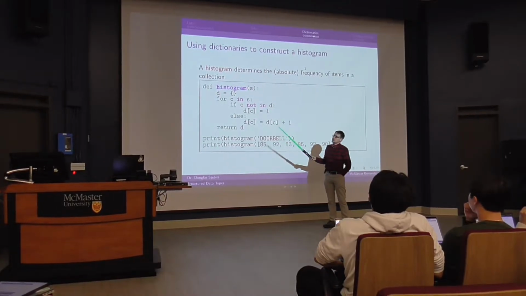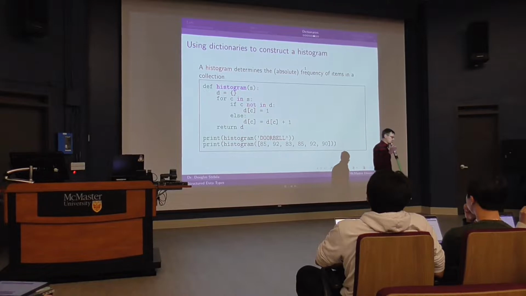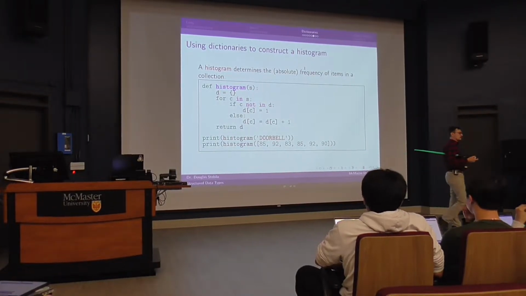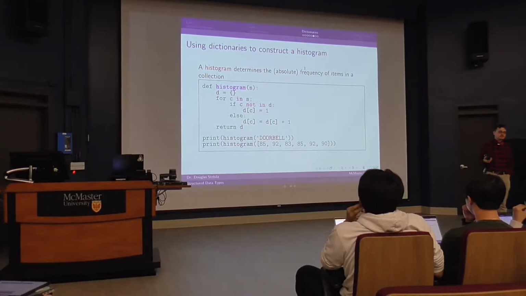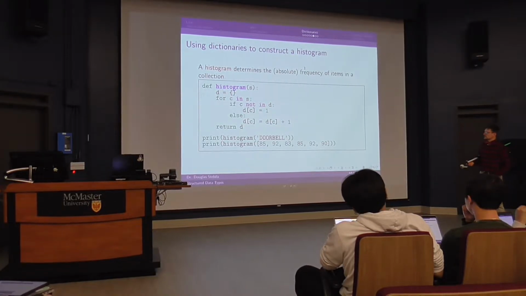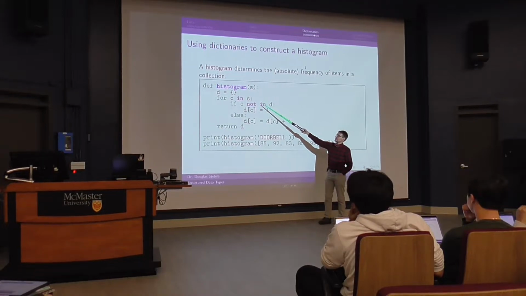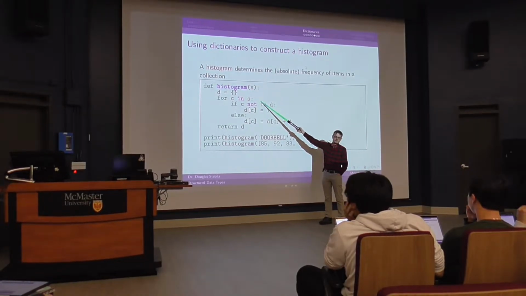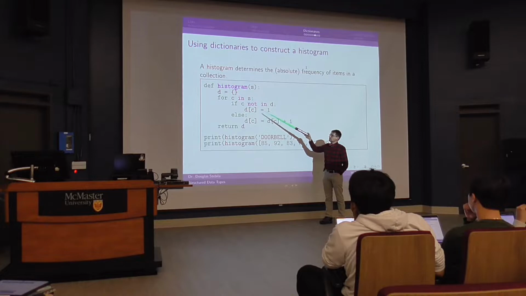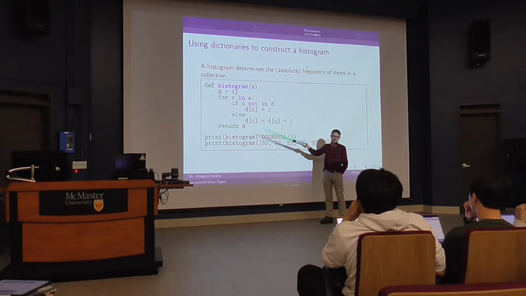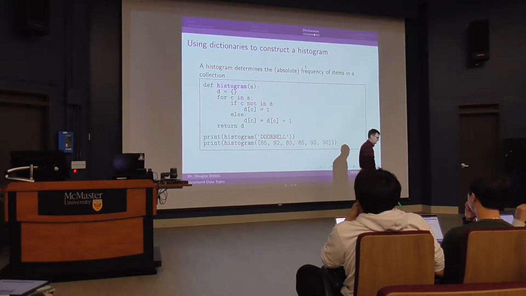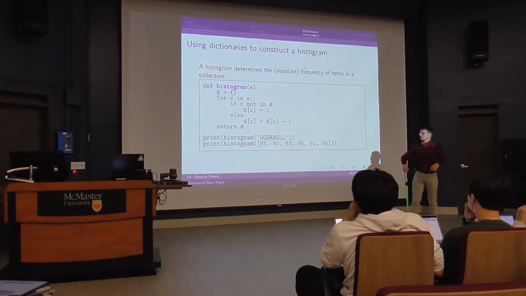A histogram determines the frequency with which a particular element occurs inside of a set of elements. So essentially, it's not that difficult. You just loop through that set of elements, adding numbers to a dictionary depending on what you're finding in there, right?